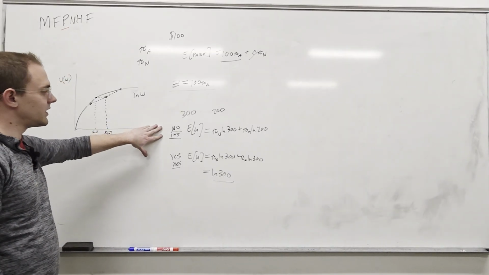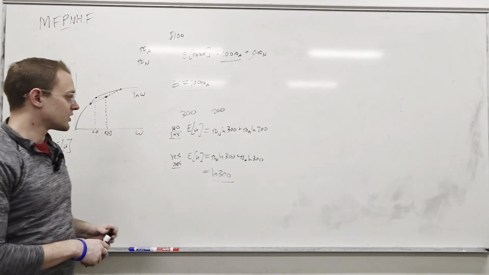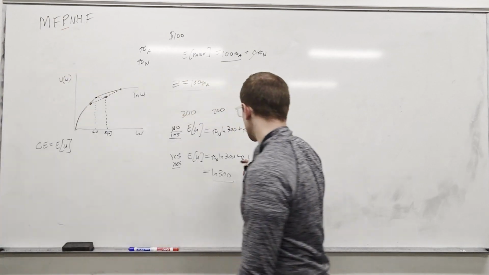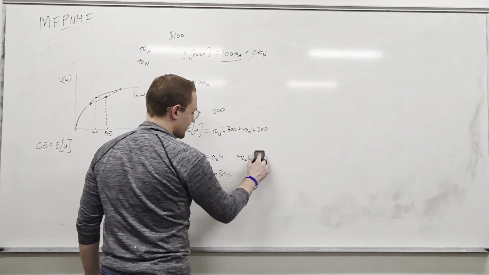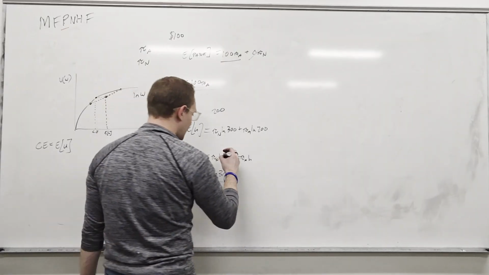This is their expected utility if they don't have insurance. And so we would set these, if we wanted to know that, oh, my bad, it's not just 300 because they're paying a premium. Obviously, they're paying a premium.